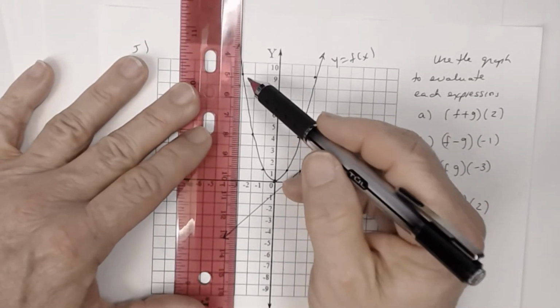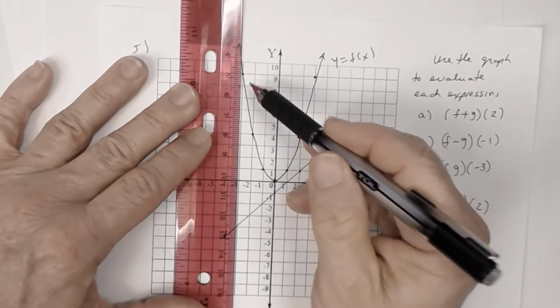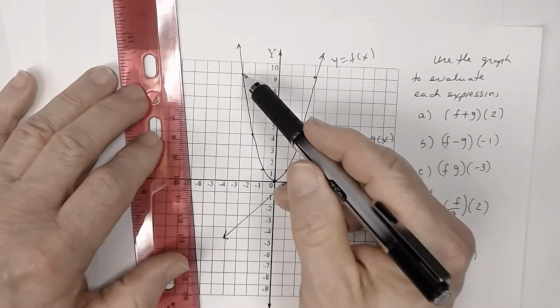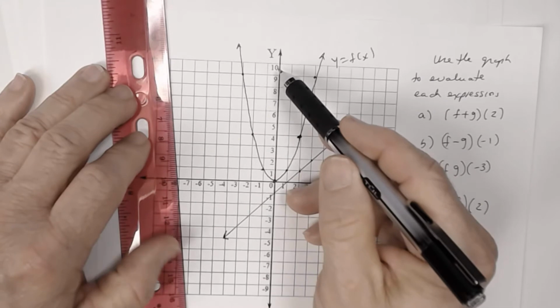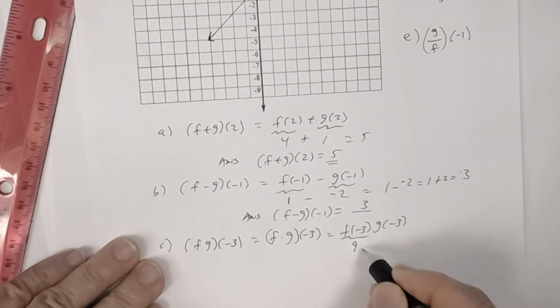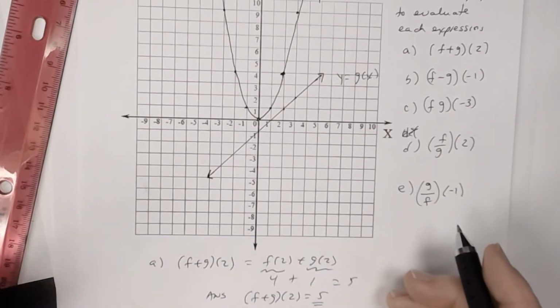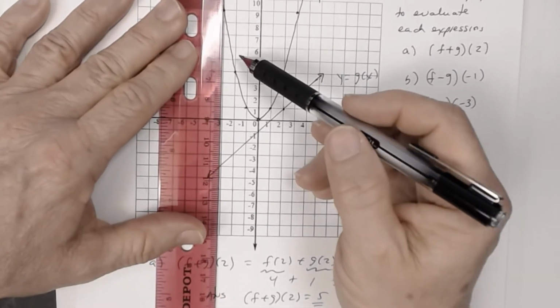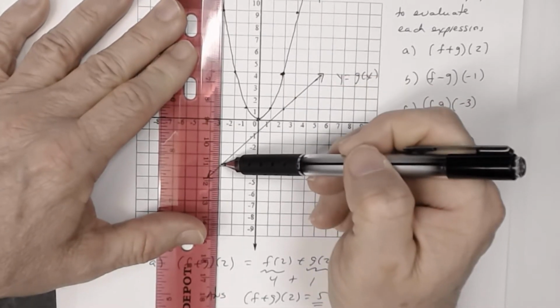All right. So here's negative 3. You have this point, and then you're also going to be looking at that point. So when x is negative 3, my y value is 9. Y'all agree? Times, let's find g of negative 3. Your x value is negative 3 for both of them. So we look at this point and this point.